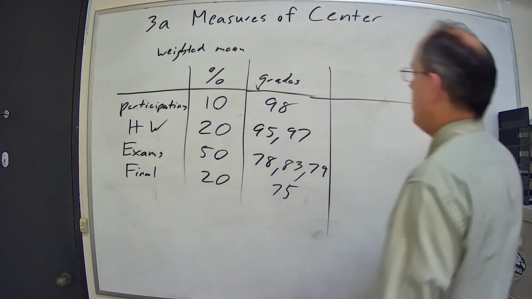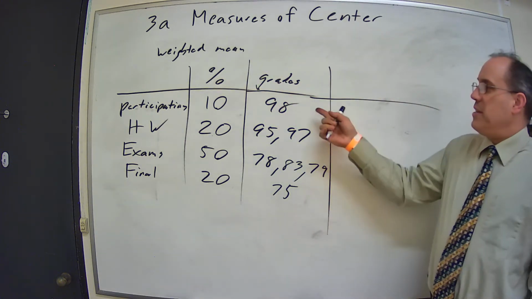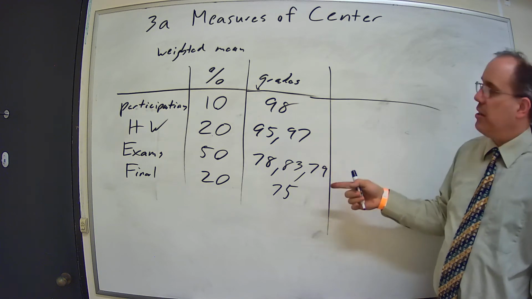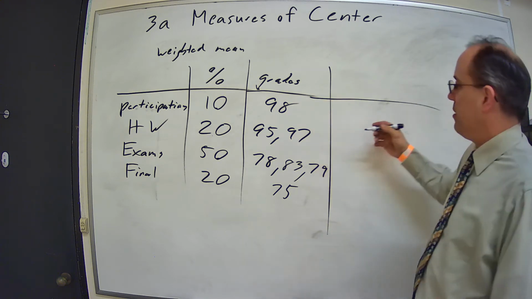Well, the first thing we're going to do is average each of these categories. 98.